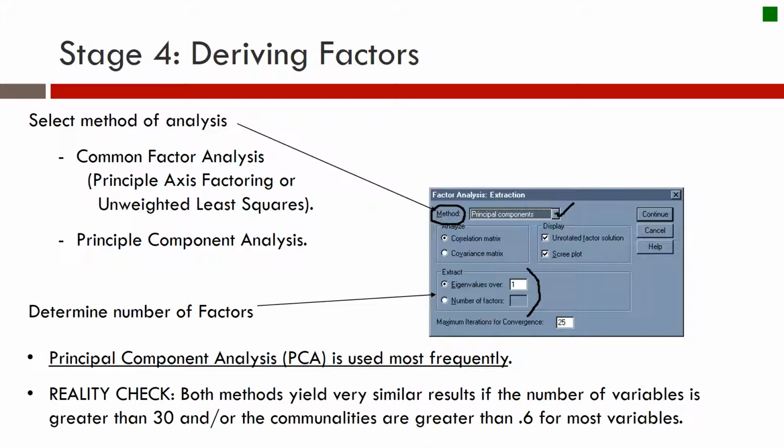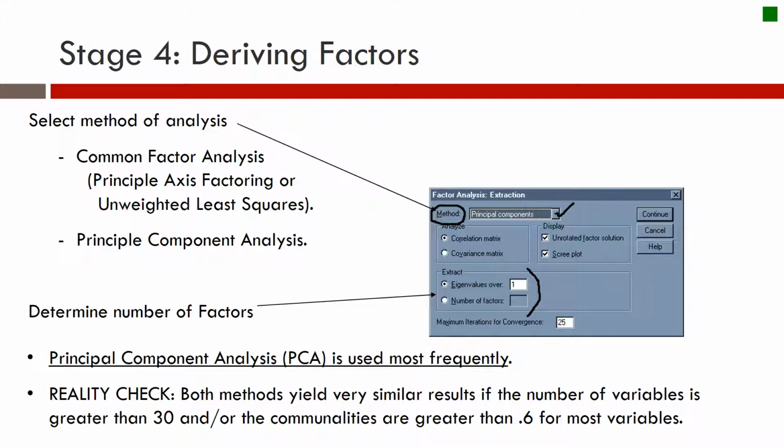And the dirty little truth here is that when you have a large sample size, most of the results are going to be very similar to each other, regardless of whether you use a common factor analysis or a principal component analysis. So you can play around with this and run your data analysis using both methods.